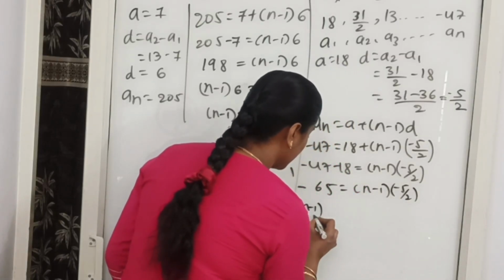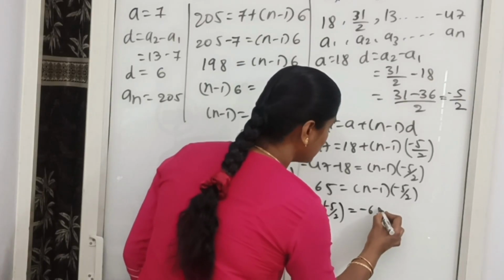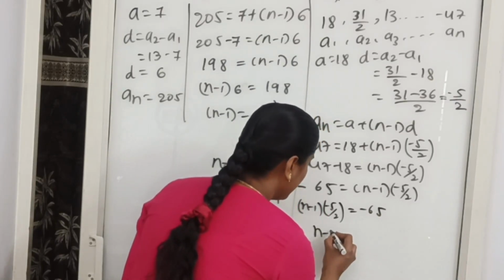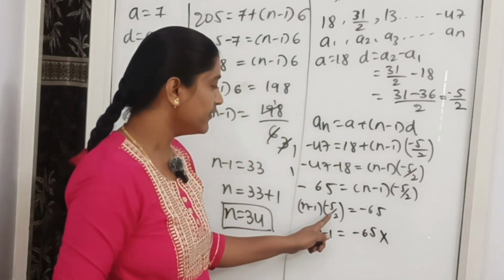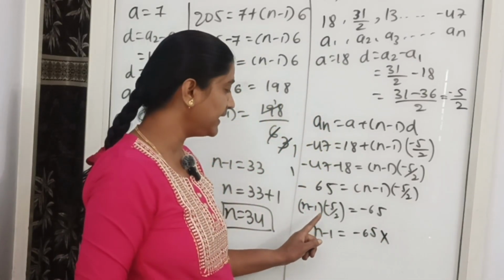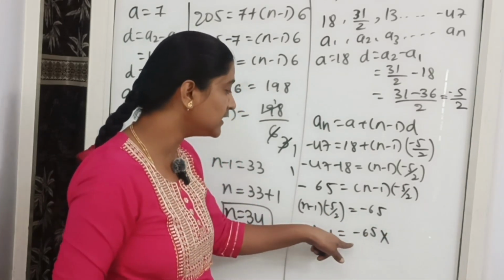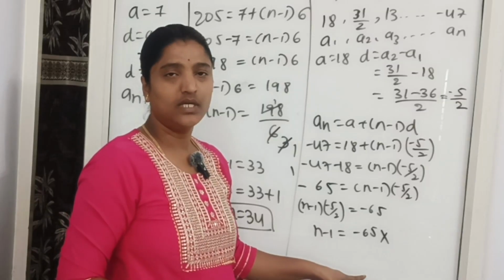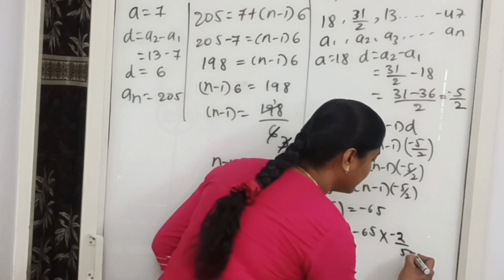See, take the variable to this side. N minus 1 into minus 5 by 2 is equal to minus 65, and N minus 1 is equal to minus 65. Look here. If I transpose, this is a multiplied term here. If I transpose this side, it becomes divided, meaning under minus 5 by 2. So that reciprocal is nothing but minus 2 by 5.